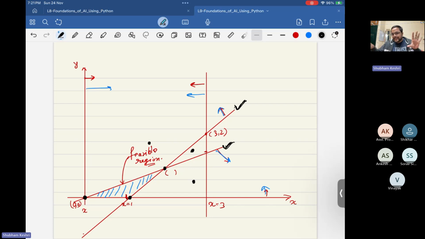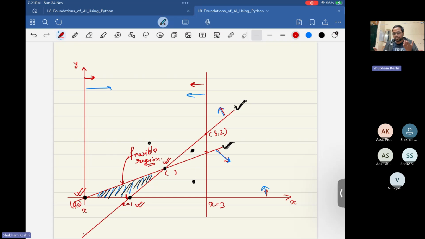In the entire feasible region, you don't have to search for all the points. There are an infinite number of points in this feasible region, because it is a continuous region. But there is a property which says that the optimal objective function value will be at one of the corner points. So either this point, this point, this point, or this point.